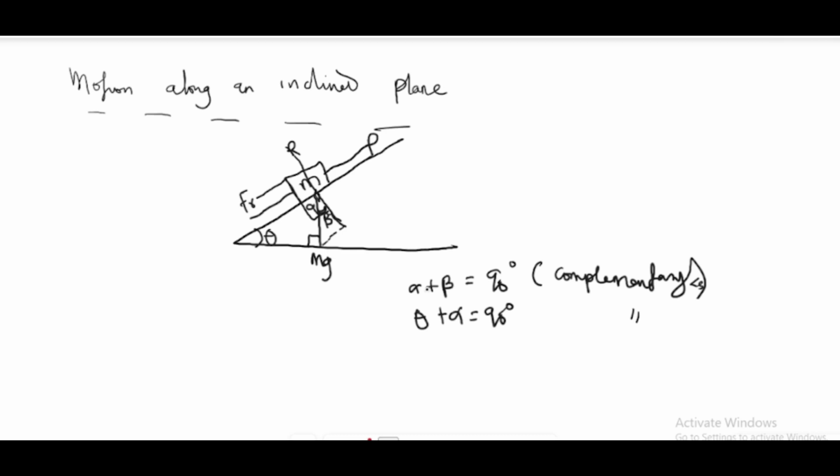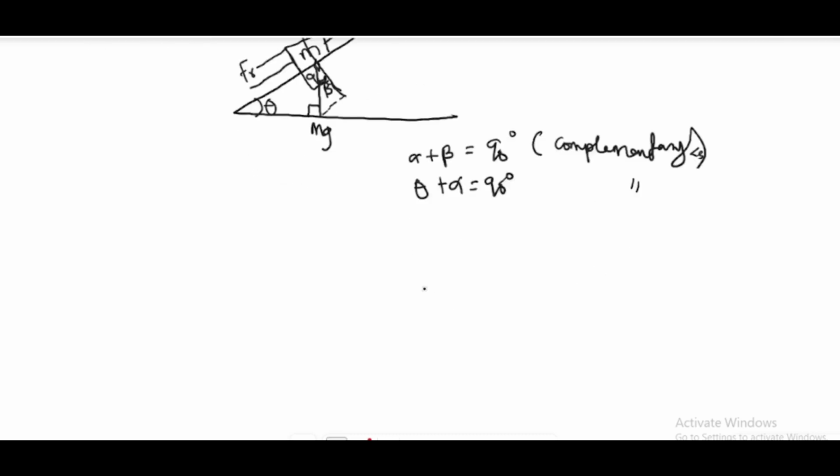So if I make beta the subject in the first one, I will have that beta is equal to 90 minus alpha. In the second equation, if I make theta the subject, I will have theta equal to 90 minus alpha. So assuming alpha is 30, you see that beta will be 60, theta will also be 60.